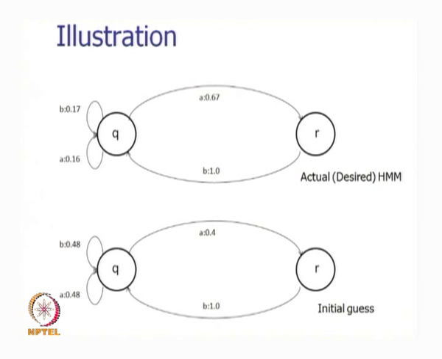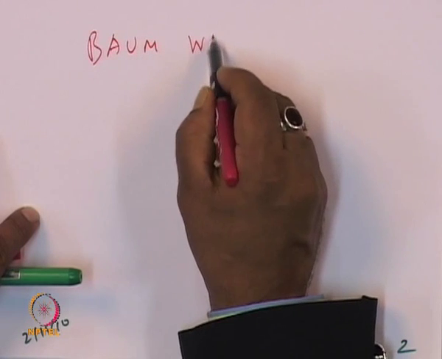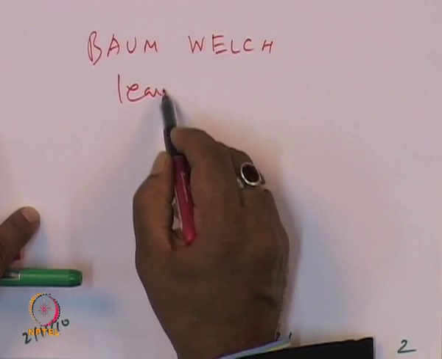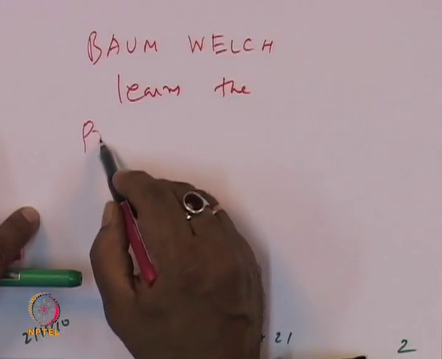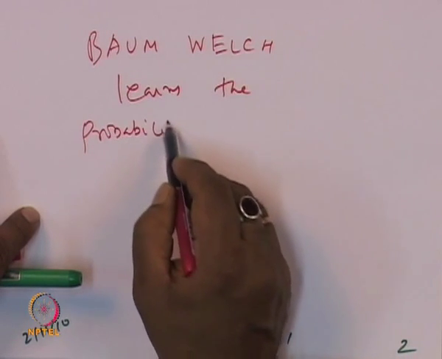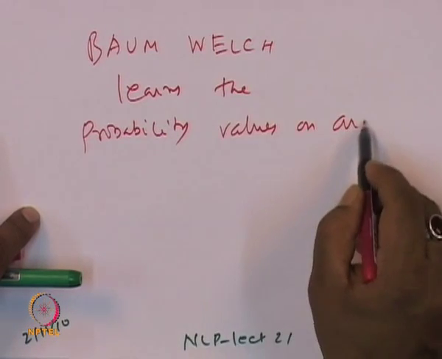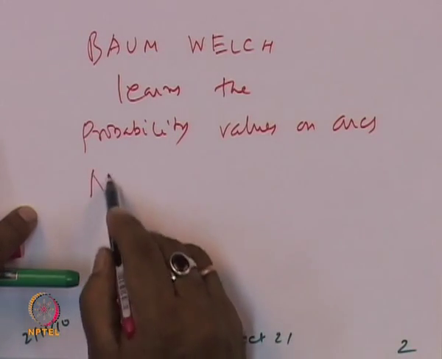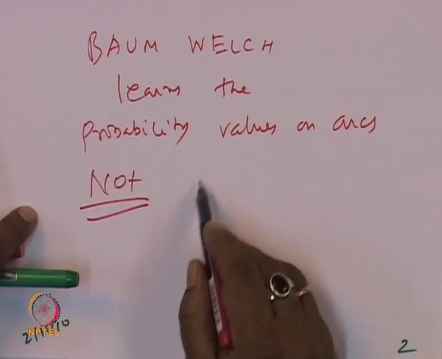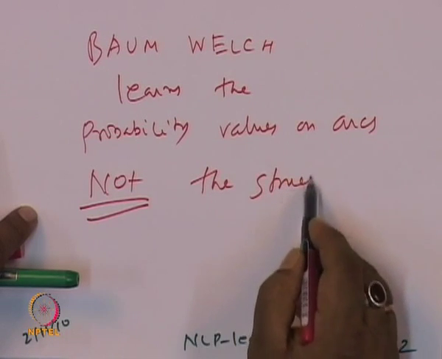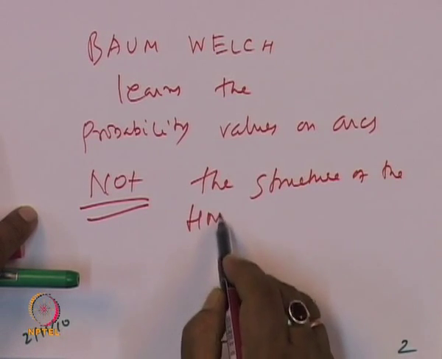Now, let us be careful about the meaning of learning here. You would like to write certain important comments here. So, the Baum Welch algorithm learns the probability values on arcs, not the structure of the HMM.